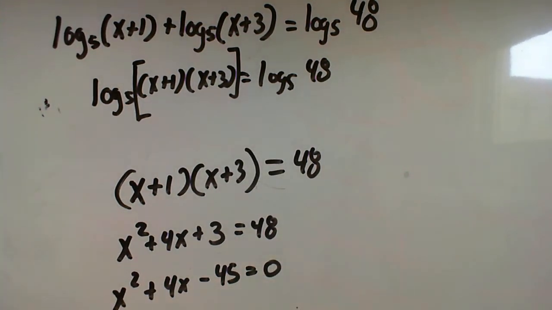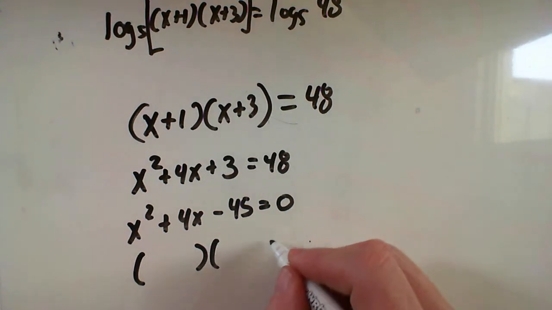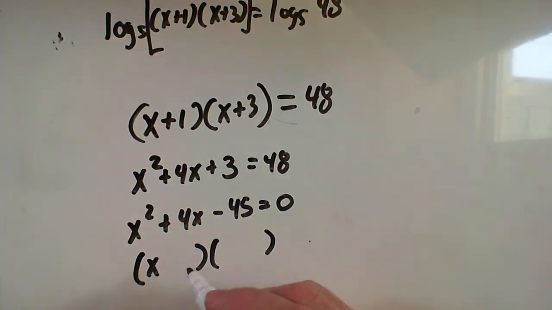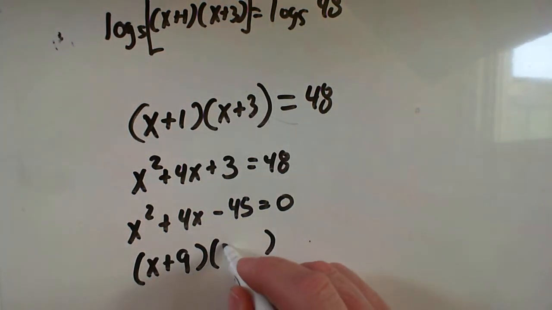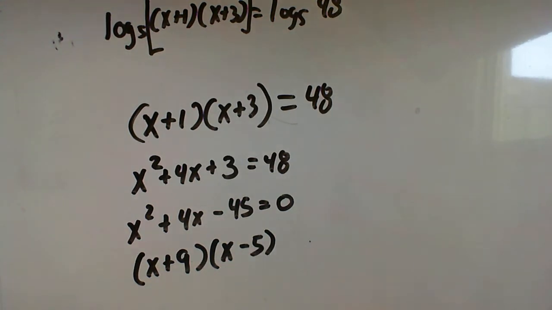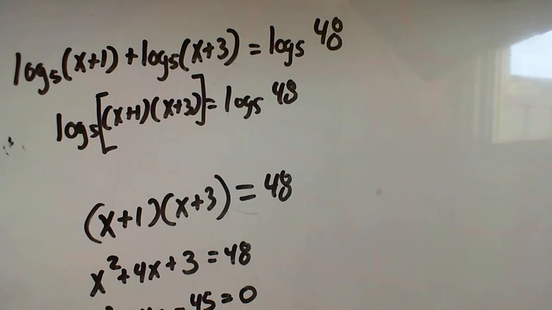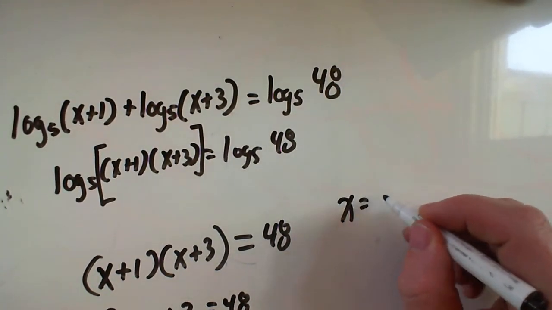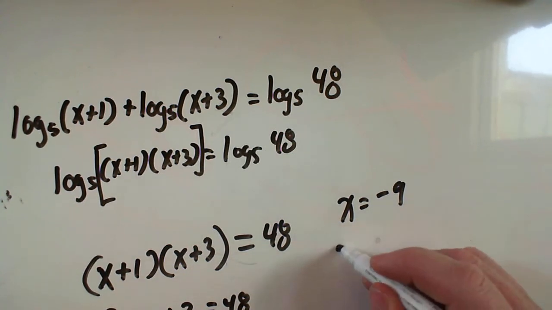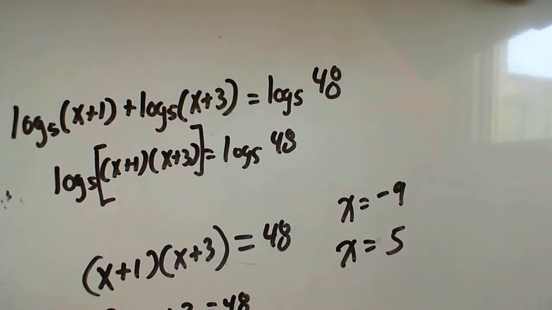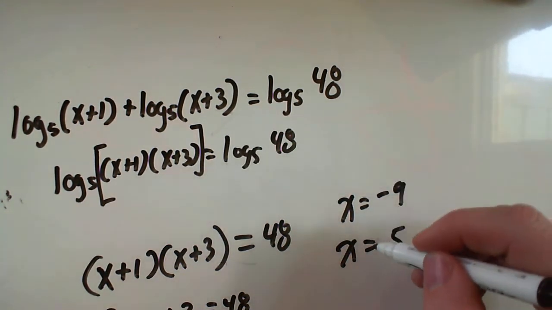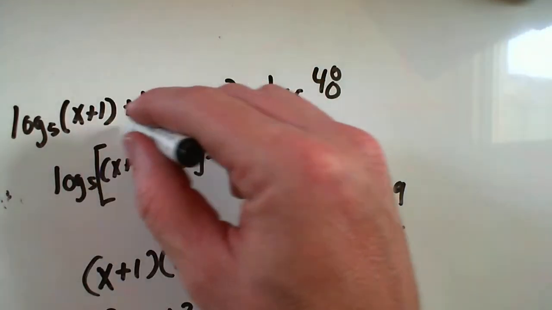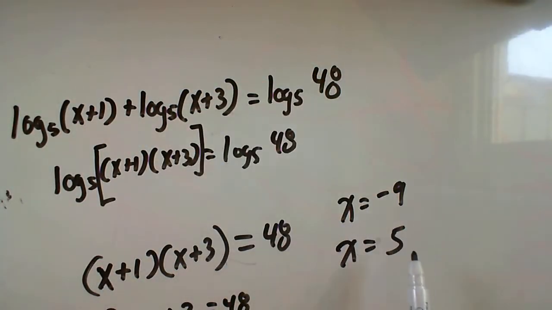That will factor to x plus 9 and x minus 5. And so the two answers that we get as possibilities would be negative 9 and positive 5. Now the problem is when we plug these into the original equation, you always have to check your answers.